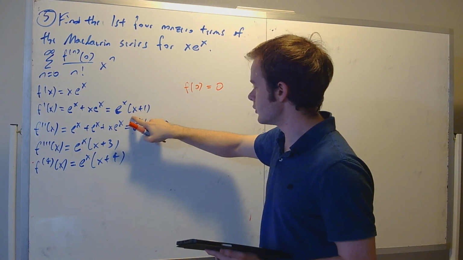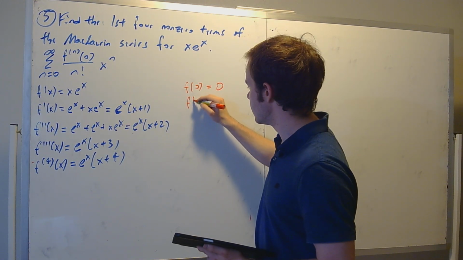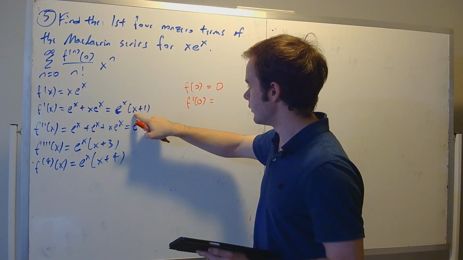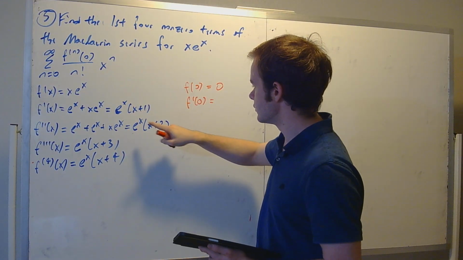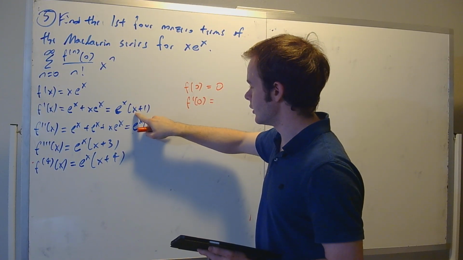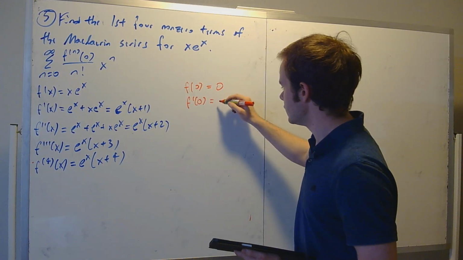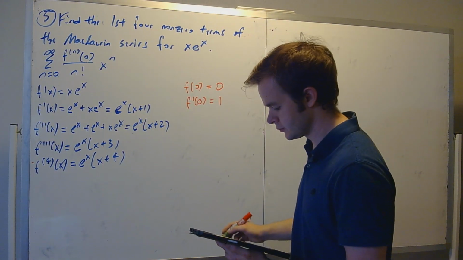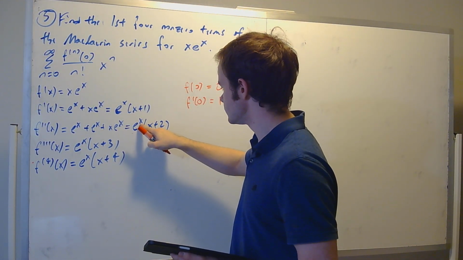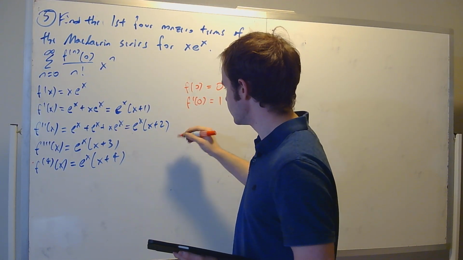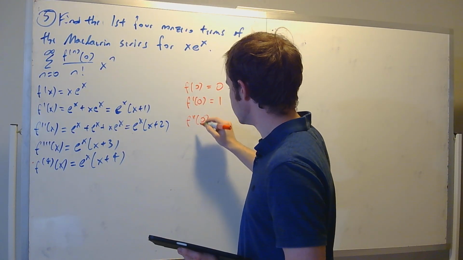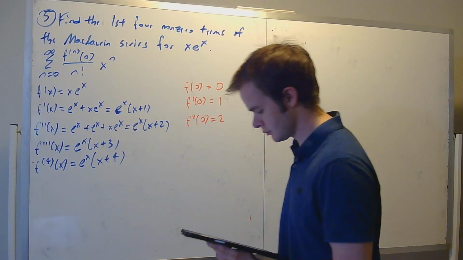For f prime, we plug in 0 and get e to the power of 0 times 1, so we're going to get e to the 0, which is 1. Here, if we plug in 0, we're going to get 1 times 2, so f double prime of 0 is 2.